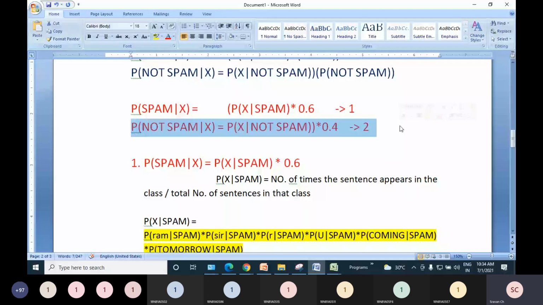And how do you compute spam by x, not spam by x? That is P of x by spam, P of x by not spam. These components you have to calculate. Then multiply by 0.6, how you got 0.6, you know very well. How you got 0.4, that you know very well. It is because of P of spam, P of not spam.